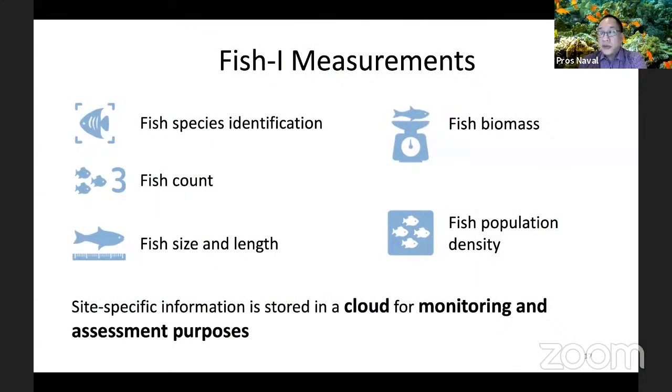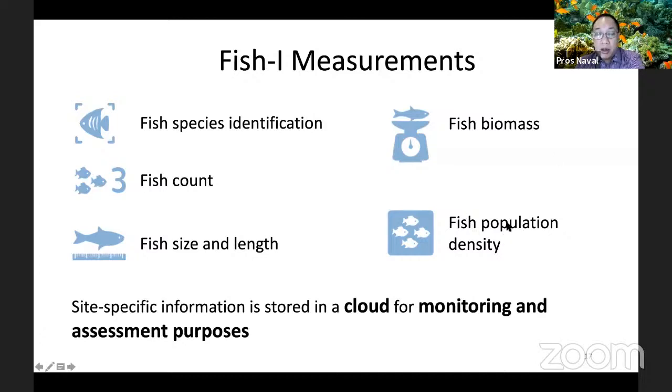So fish eye can do the following measurements. It can identify, first of all, the species of the different fishes seen by the cameras. It can count the fishes, and it can also measure the size and length of the individual fishes, as well as the biomass of the fish, meaning how many grams the fishes weigh.